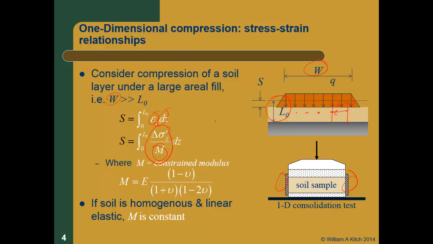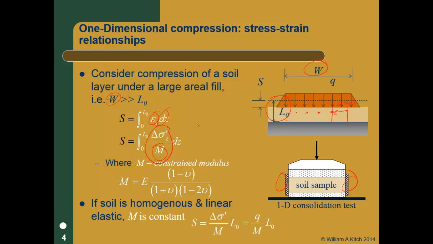And if the soil is homogeneous and linear elastic, M is constant. If it's not homogeneous and it's not linear elastic, then it's not going to be constant. Okay? So we now know the relationship between the void ratio and strain, and we know if we're talking about one-dimensional compression, the modulus that we're concerned about is the constrained modulus. Well, that's all nice.